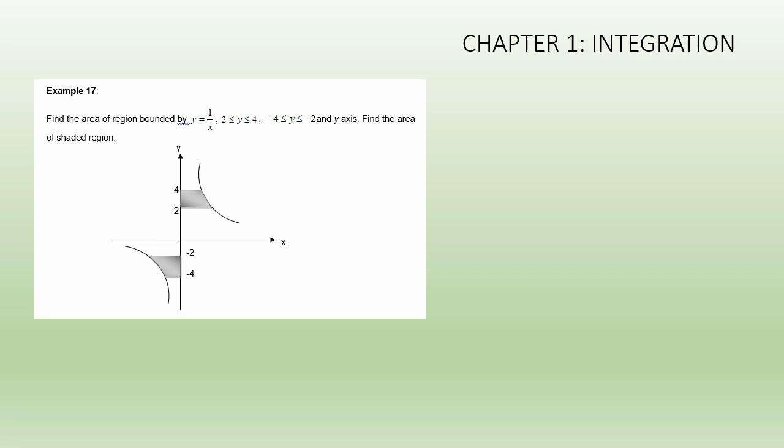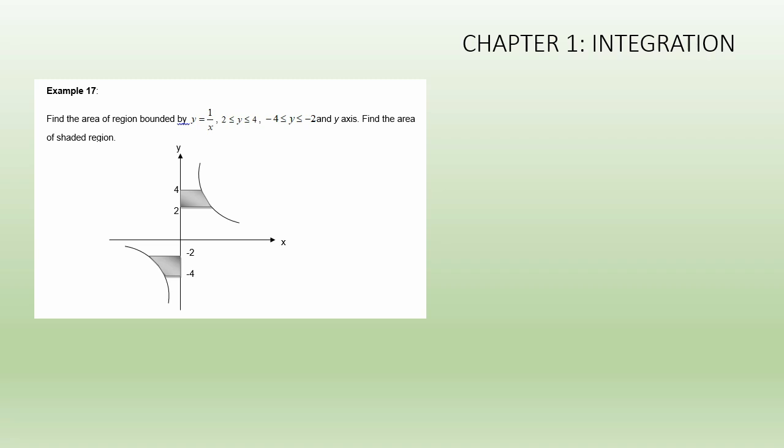Example 17. Find the area of the region bounded by the curve y equals 1/x for the interval 2 less than y less than 4 and -4 less than y less than -2, and also the y-axis. Find the area of the shaded region as in the graph below.